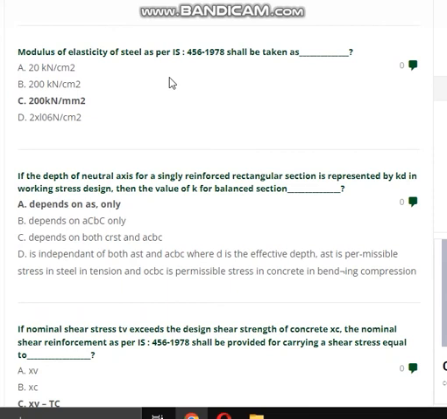Modulus of elasticity of steel as per IS 456-1978 shall be taken as 200 kN per millimeter square. If the depth of neutral axis for a singly reinforced rectangular section is represented by kd in working stress design, then the value of k for a balanced section depends on sigma only.